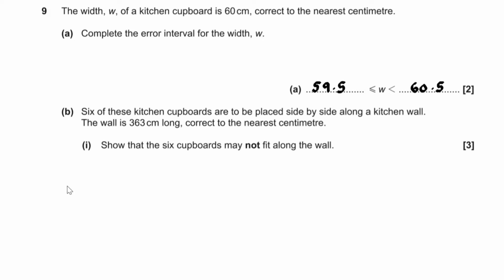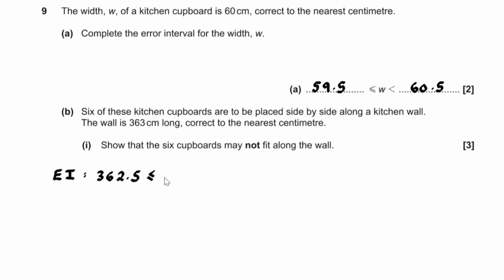Now, the first thing we can do is find the error interval for the wall. So for the error interval for the wall, if the wall is 363 centimeters long, the lower bound is 362.5.